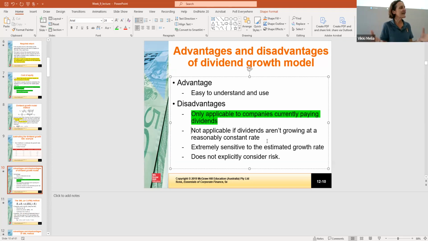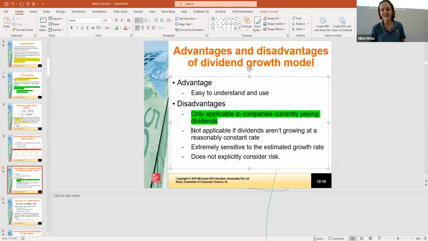So if you were trying to calculate the shareholders' required rate of return from a relatively new company that hadn't been around for long and hadn't started paying dividends yet, that's not a method that you can use. You can only use it for established companies that are already paying dividends.